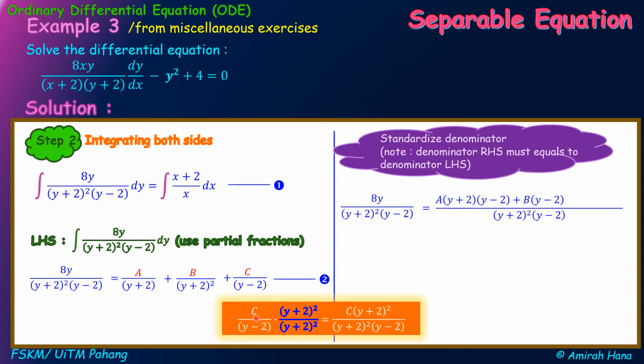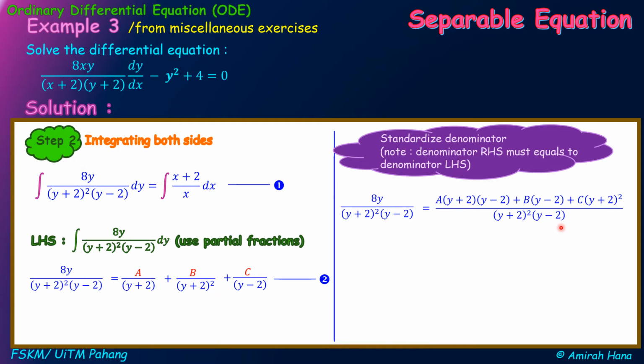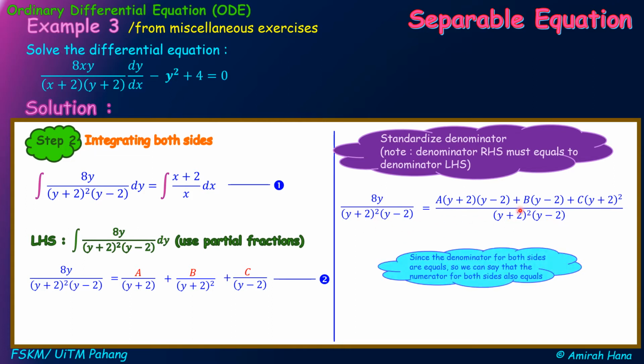And now, after we multiply the numerator by (y plus 2) squared, we have C times (y plus 2) squared with denominator (y plus 2) squared times (y minus 2). Alright. So now we have the denominators from the right hand side and left hand side exactly equal.